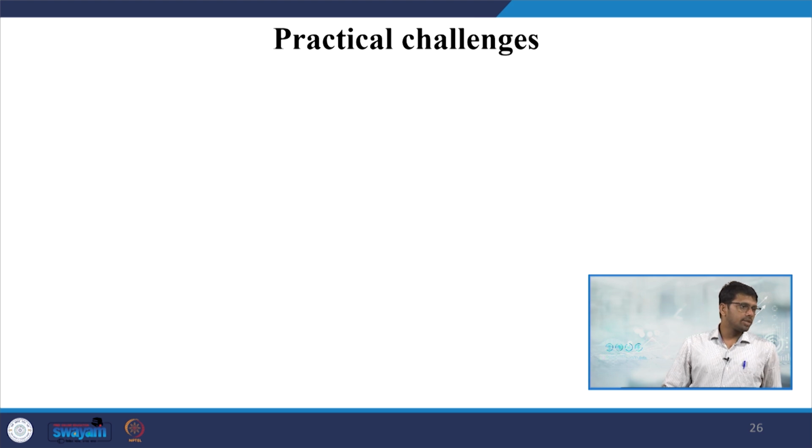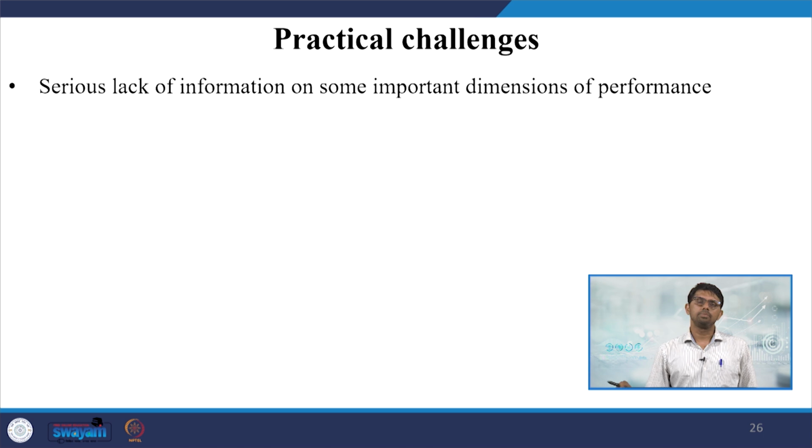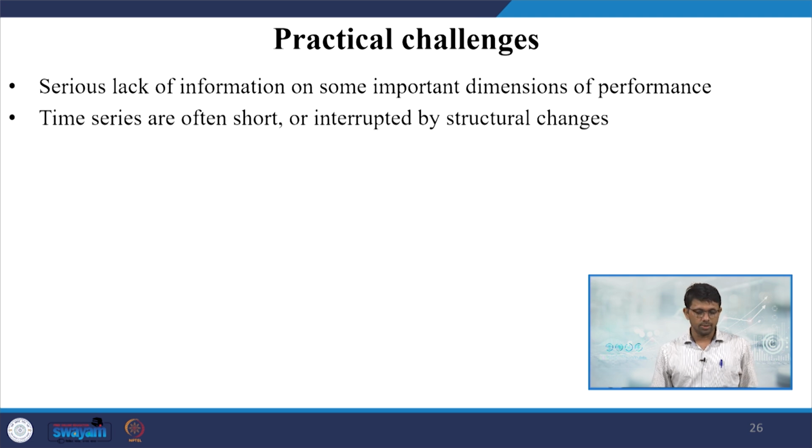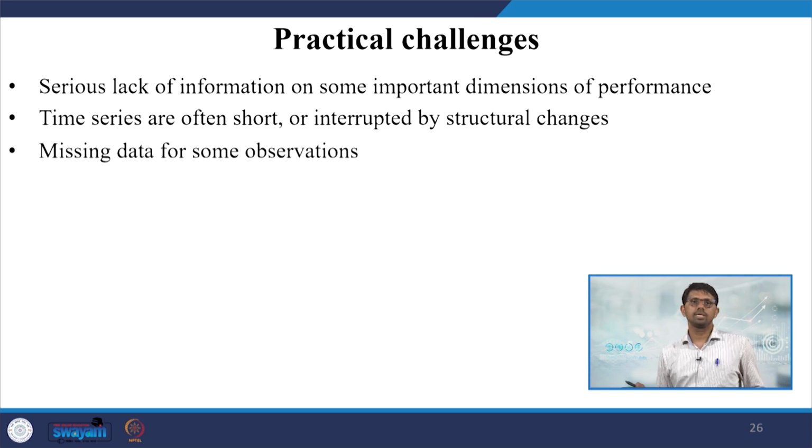Okay, after saying so, we need to address some practical challenges as well, as part of our conceptions on productivity and efficiency analysis. There is a serious lack of information in some indicators related to performance. Time series are often short and interrupted by structural changes.